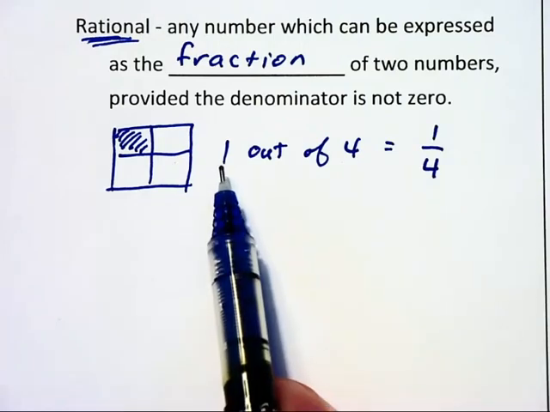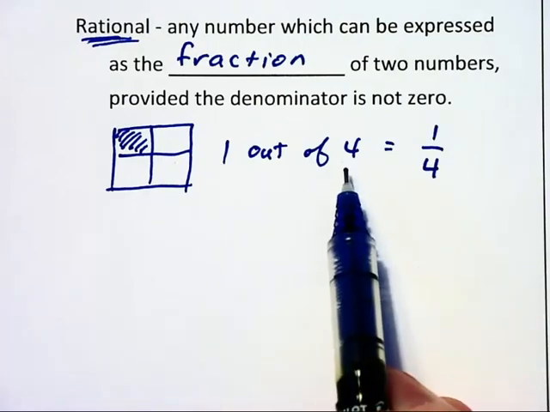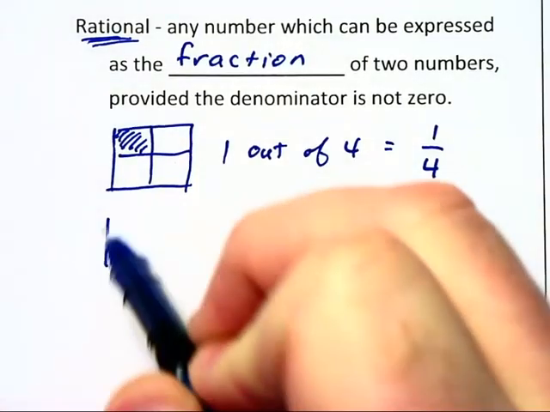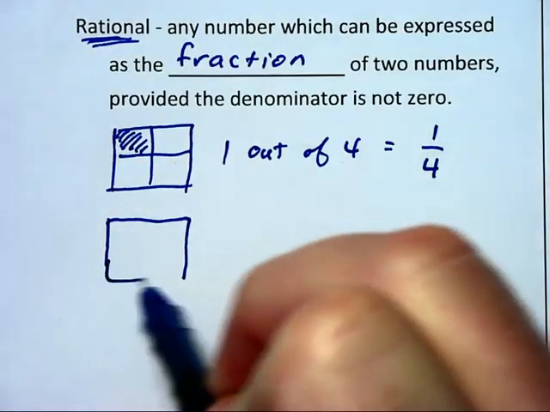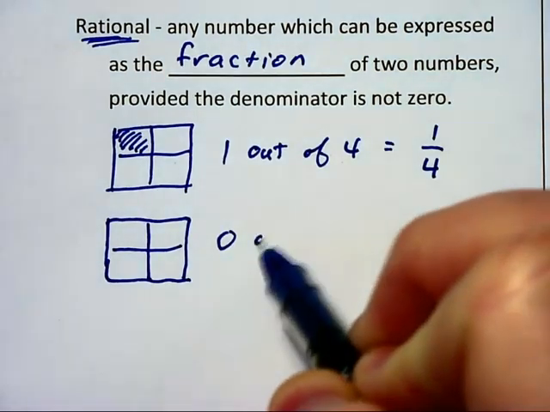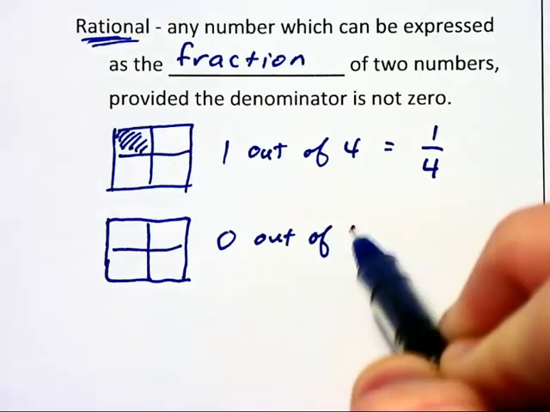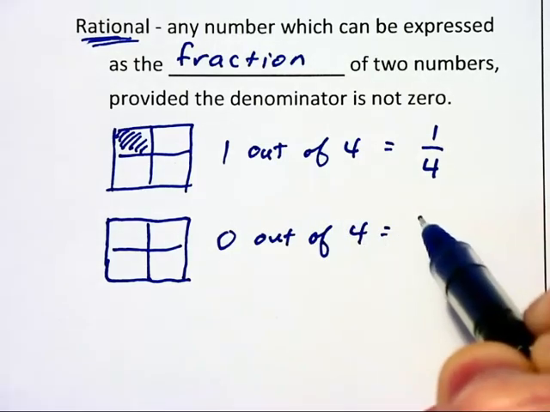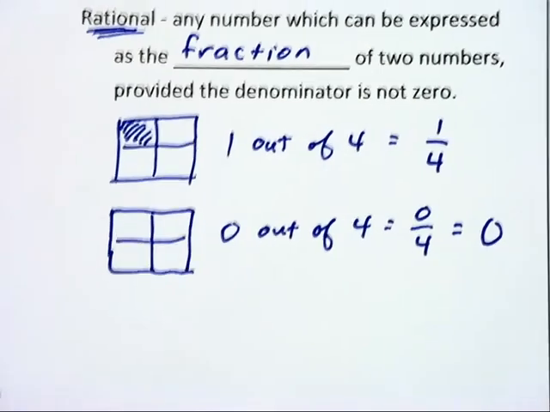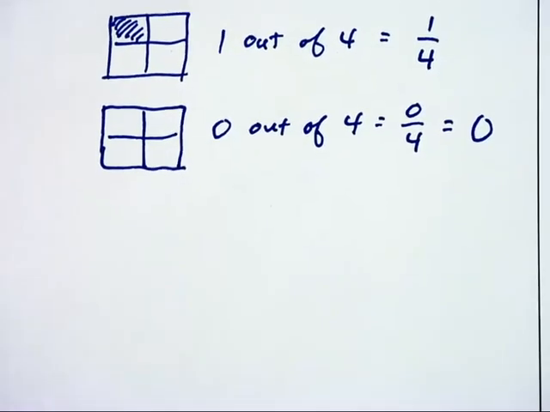Notice 1 is shaded in out of 4, the number of parts. Now, if I had no parts shaded in, basically I would have 0 parts shaded in out of 4, and that is 0/4, which is 0, which is all perfectly fine. No tricks up the sleeve there.